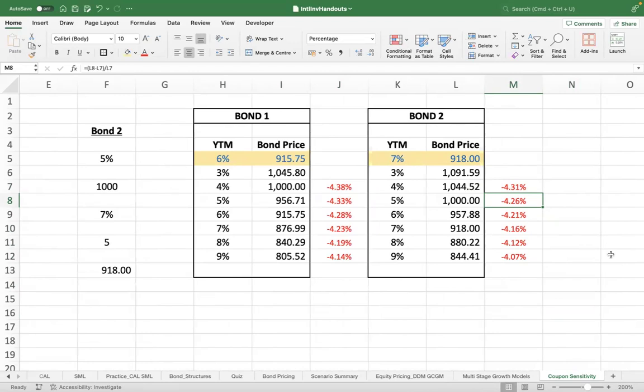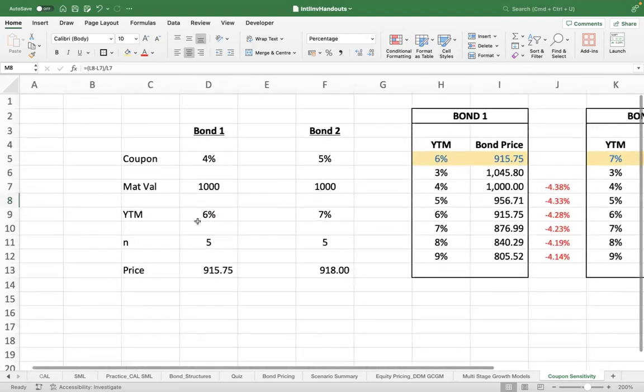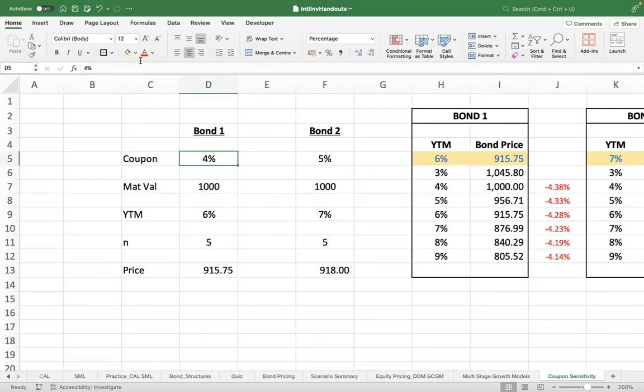Which one has a lower coupon, bond 1 or bond 2? Bond 1 has a coupon of 4%. Bond 2 has a coupon of 5%. So this is obviously a lower coupon bond. And this one has a higher coupon.